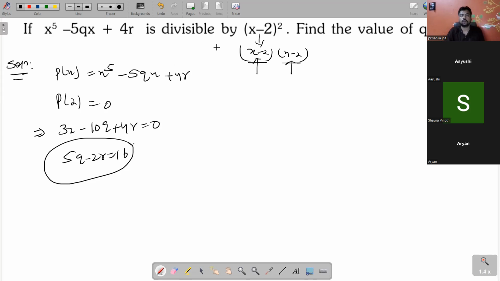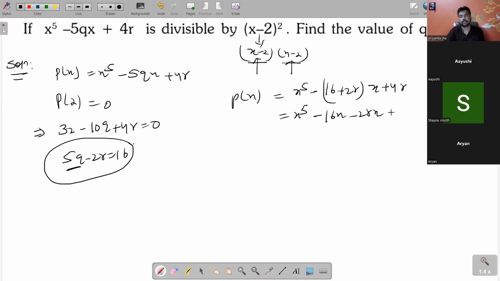Suppose I divide this, this is your polynomial, x to the 5 minus 5qx plus 4r. For 5q we can replace it by 16 plus 2r, so it becomes x to the 5 minus (16 plus 2r) into x plus 4r. Take x common, x(x to the 4 minus 16).